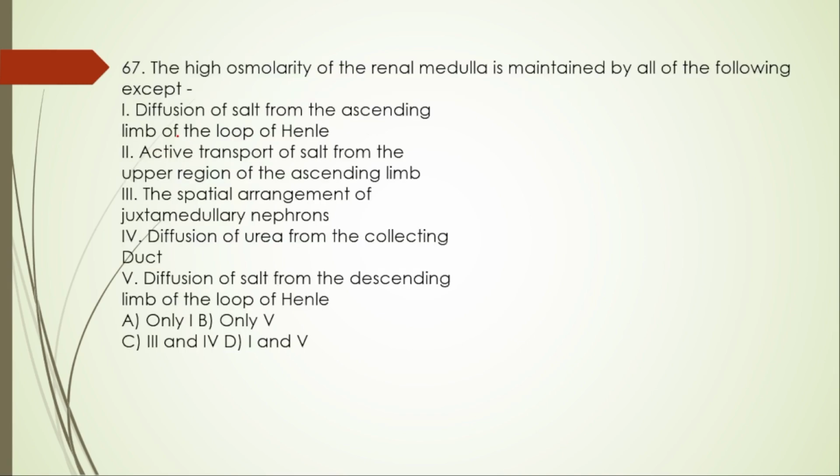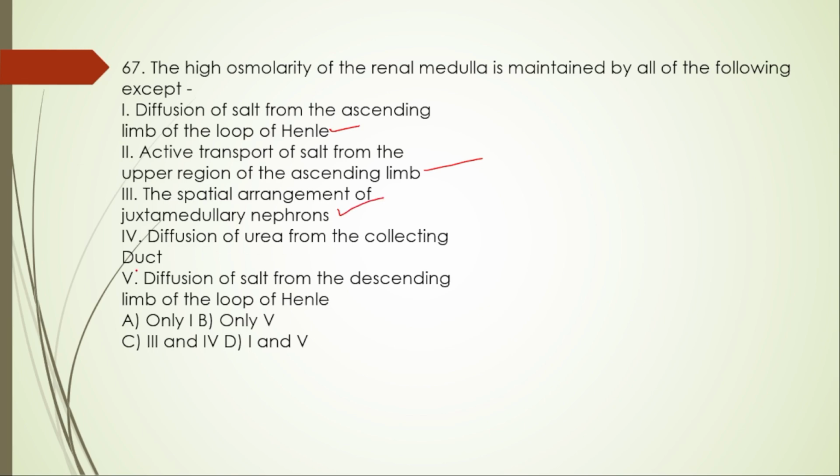Next one, 67th one. The high osmolarity of the renal medulla is maintained by all of the following except diffusion of salt from ascending limb of loop of Henle. This is right. Active transport of the salt from the upper region of the ascending limb. Yes. The spatial arrangement of juxtamedullary nephron. Yes.